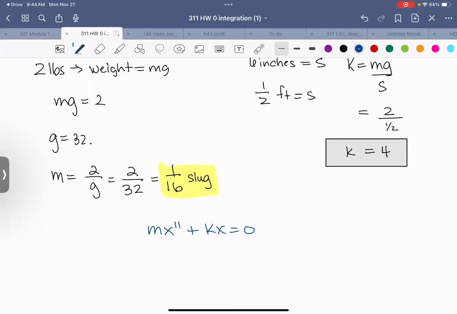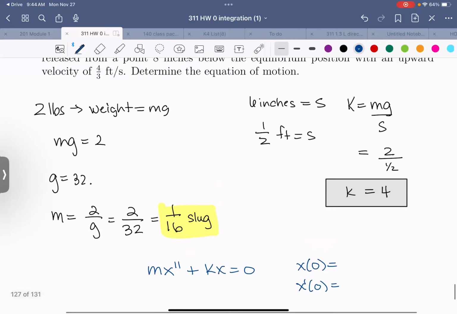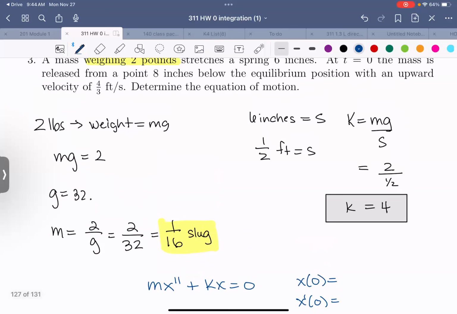Now, the other piece that we need are your initial conditions. So in order to solve this, this is a second order equation, so you need 2 initial conditions. So you need to know what is the initial position? And what is the initial velocity? Okay, so at t equals 0, the mass is released from a point 8 inches below the equilibrium position. Remember, we chose down as positive. So below is going to be +8, except that 8 is in inches and we've got to go to feet.